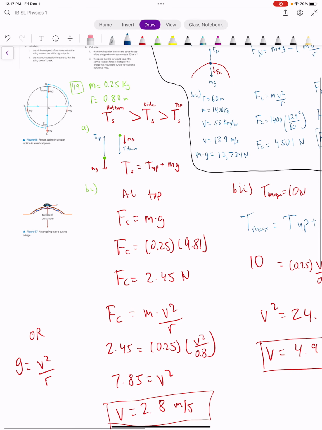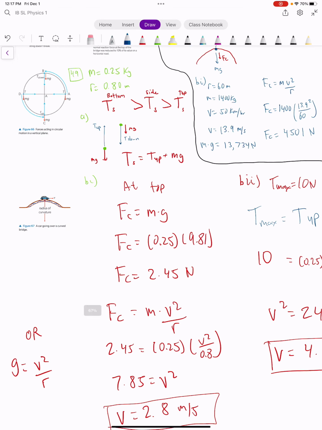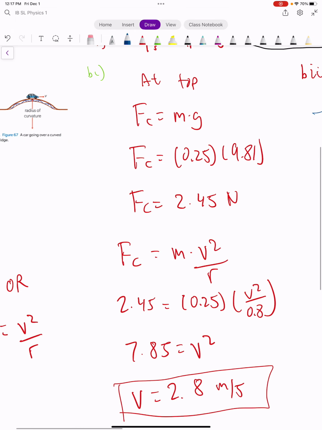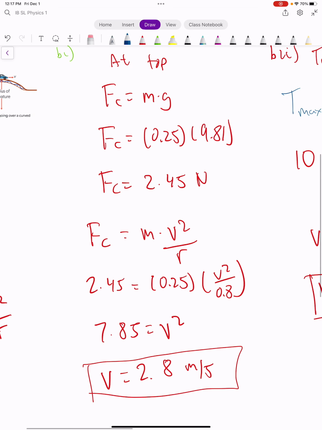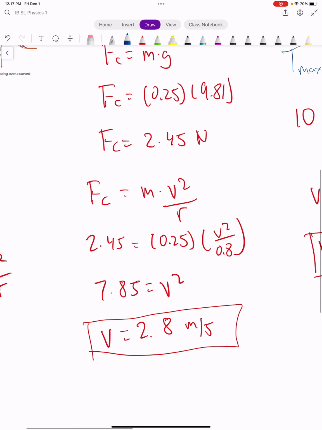So you've got centripetal force equals 2.45. And then you can put your equation here for centripetal force. 2.45 equals the mass times the centripetal acceleration. 7.8 equals v squared. Don't forget the square root when you're trying to find your answer.